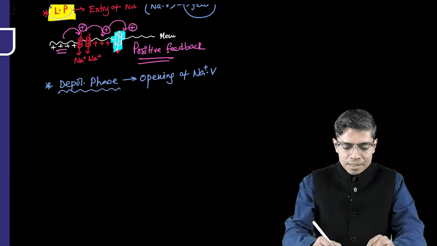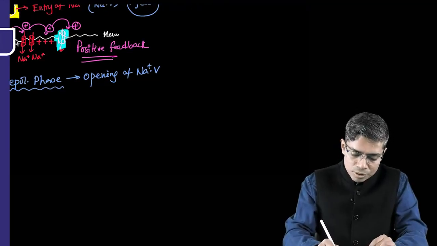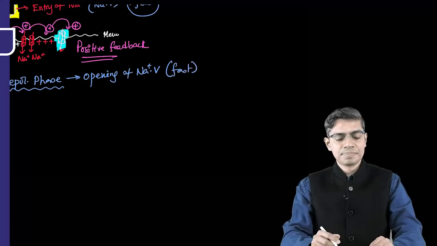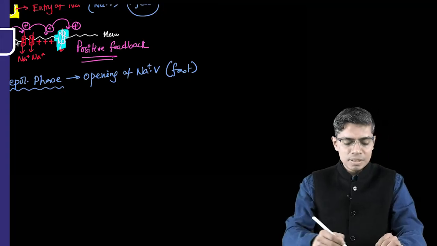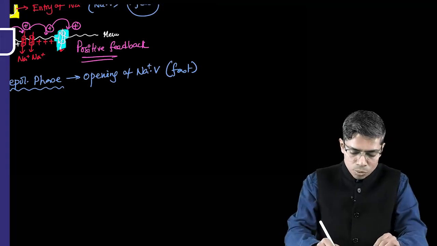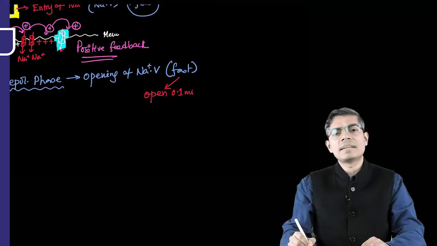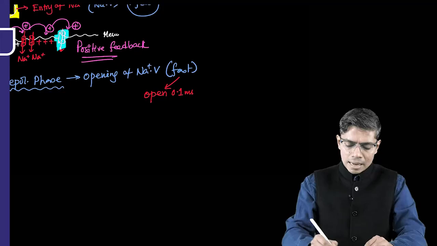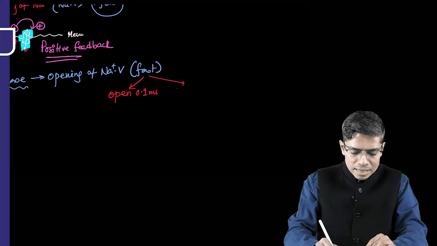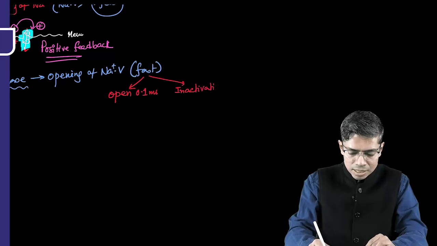Now please remember, this voltage gated sodium channel which is causing the action potential on neuron is very fast. What do you mean by very fast? To open this channel requires only 0.1 millisecond. Very rapid, right? And after opening, the inactivation of this channel will occur after 1 millisecond.